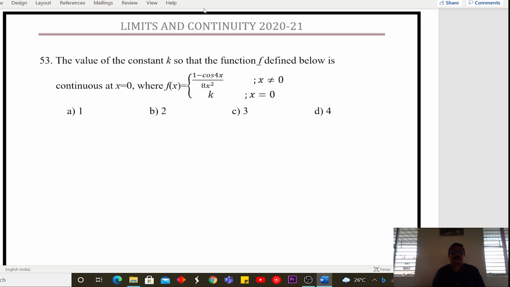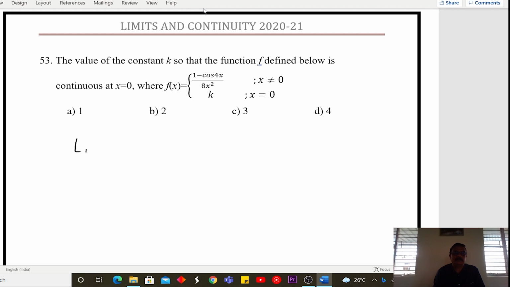Question number 53. The value of the constant k so that the function f defined below is continuous at x equal to 0, f of x equal to 1 minus cos 4x divided by 8x square, if x is not equal to 0, whereas f of x at x equal to 0 is k, then the value of k is, 4 options. Now here apply the definition of continuity.